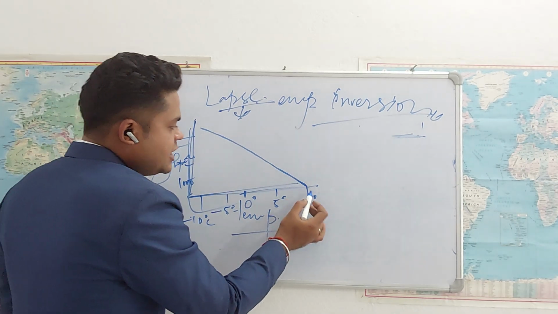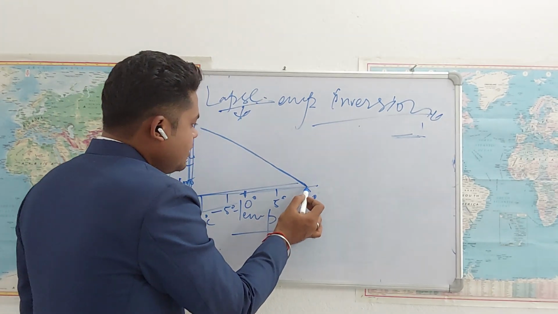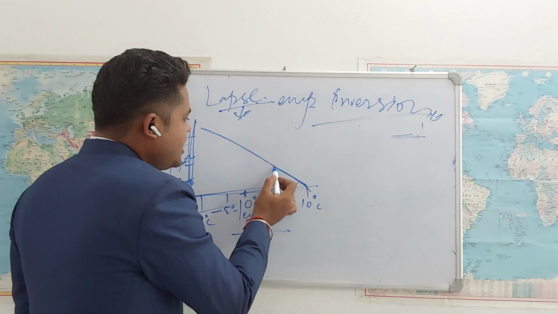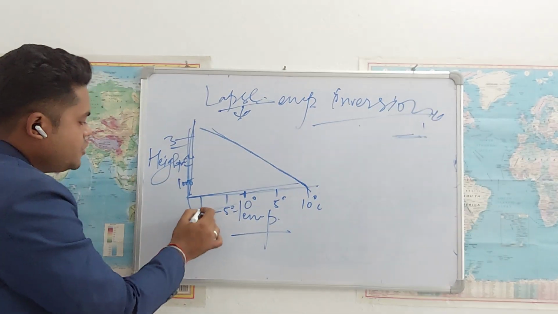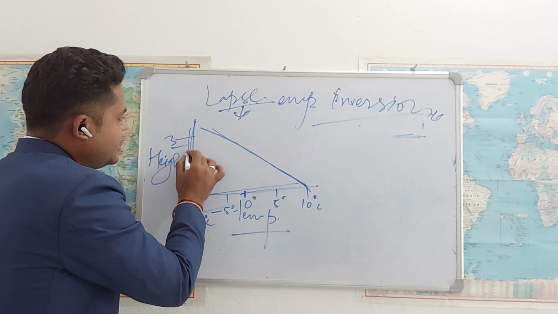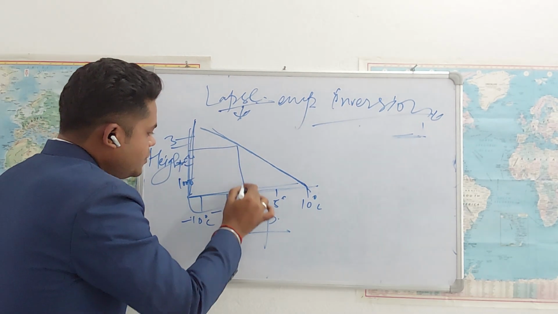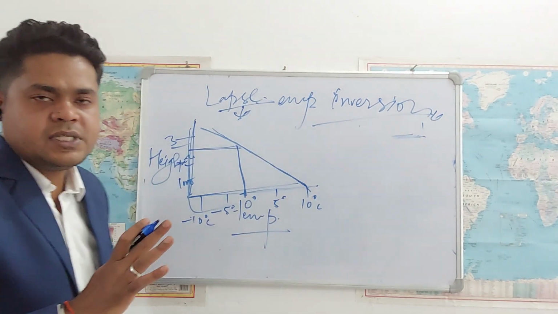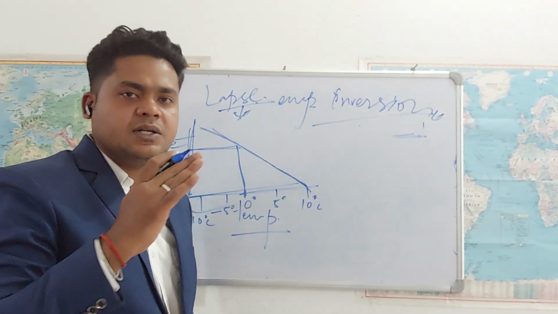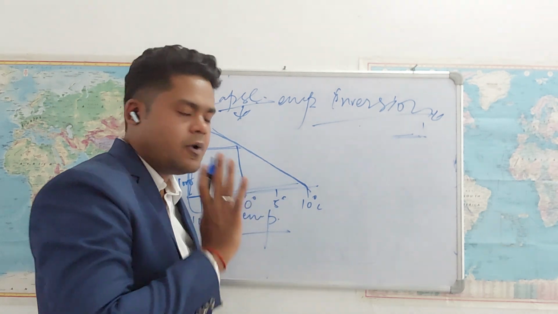We started from 10 degrees Celsius. When I move to much higher ground, my temperature starts to fall. Suppose I am taking a temperature check here, my temperature is 0 degrees Celsius. You see, in normal condition, with the increase in height, the temperature will fall.